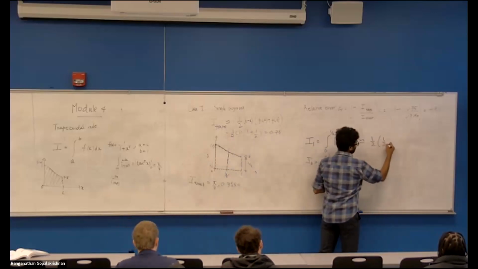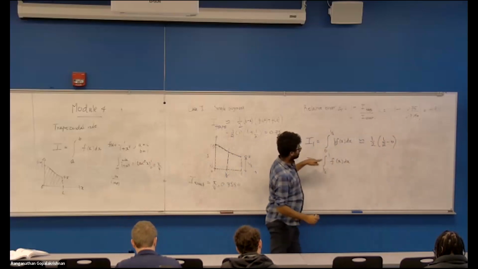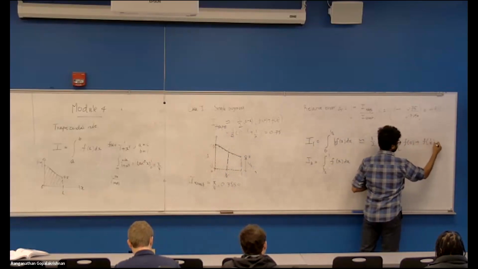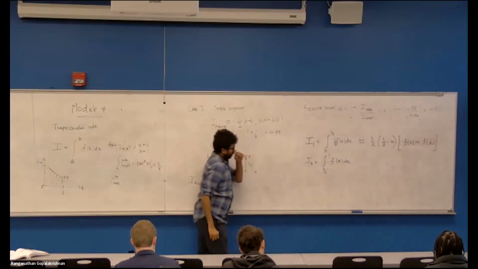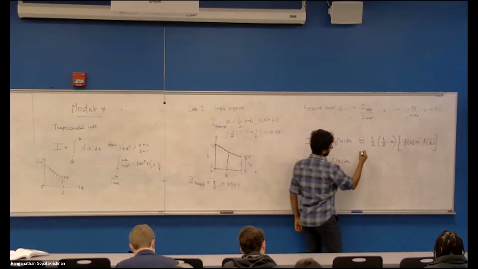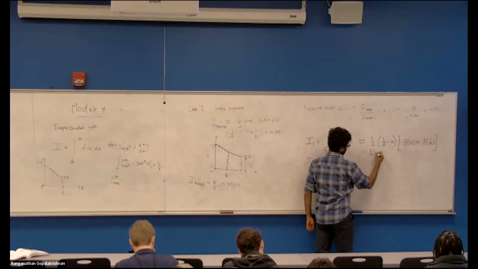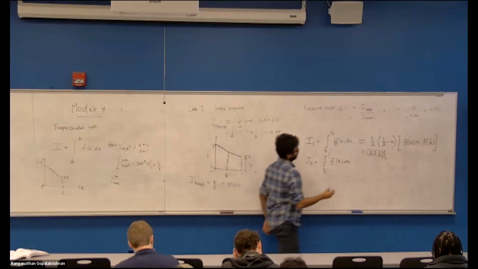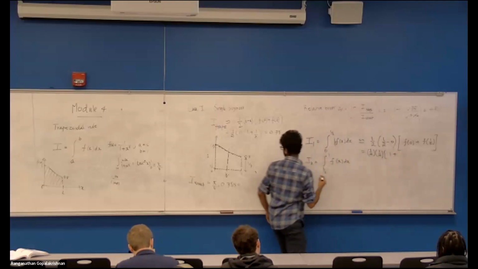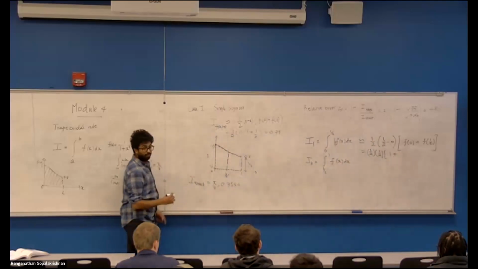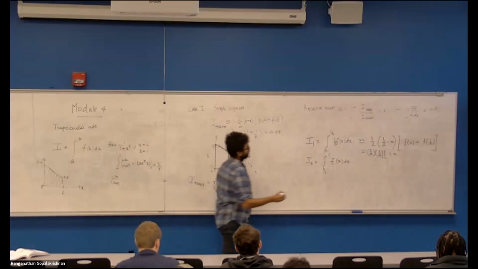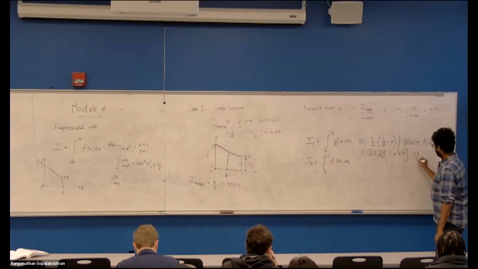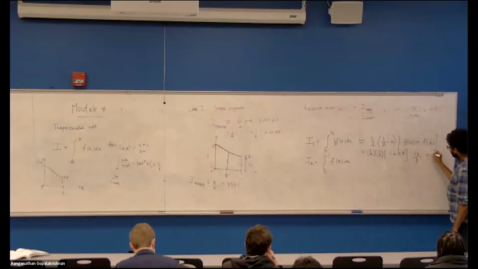So multiplied by half minus 0, and then f of 0 plus f of half. If you compute this, this is half multiplied by half. What is f of 0? 1. And what is f of half? 0.8. So this is 1.8 divided by 4, which is 0.45.